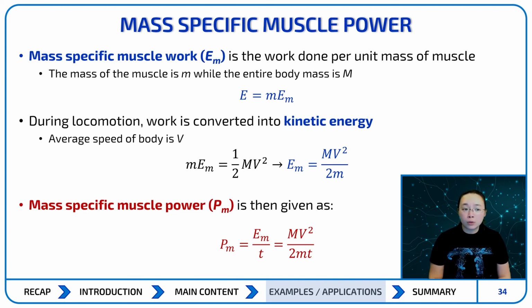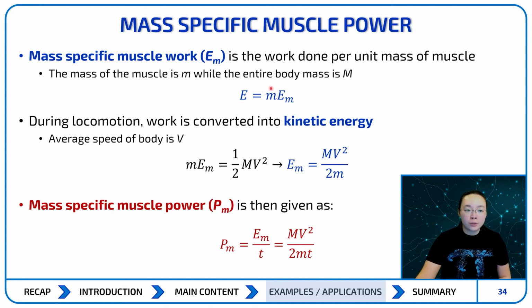During locomotion, work is converted into kinetic energy, and we can assume that the average speed of your body is capital V. So if we assume that M times EM is the total energy, and all of the work from your muscles is converted to kinetic energy, we know that kinetic energy is 1/2 MV squared.